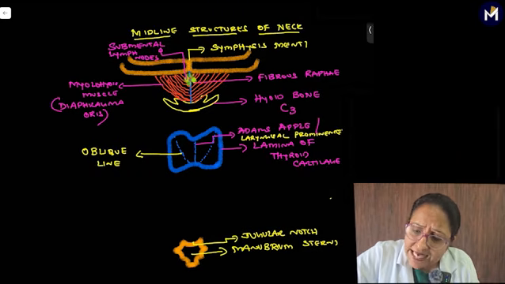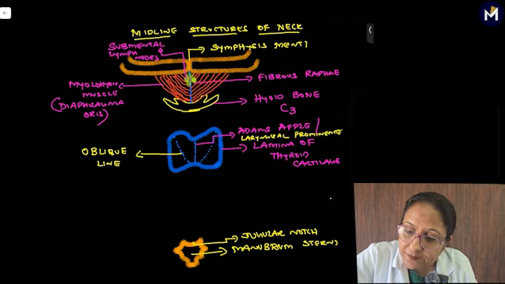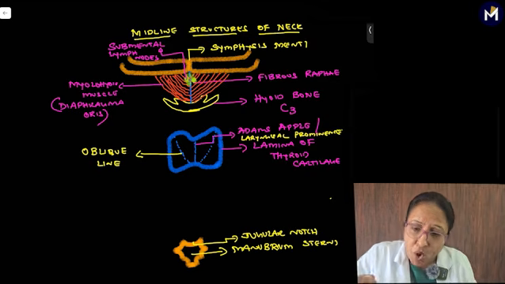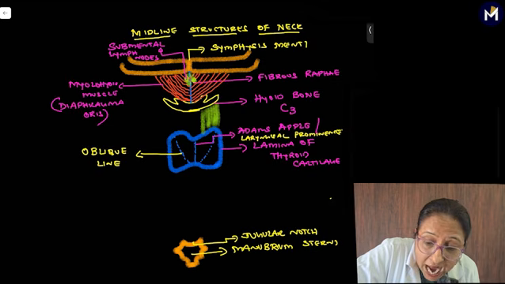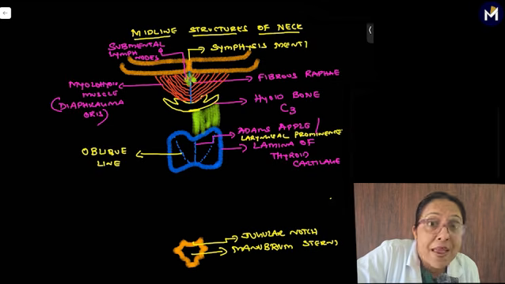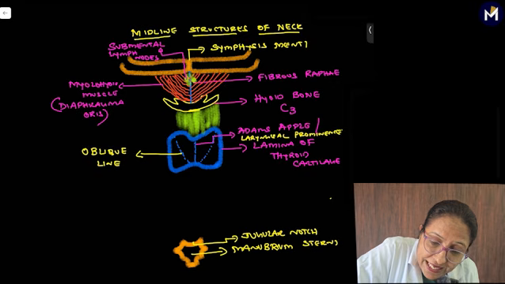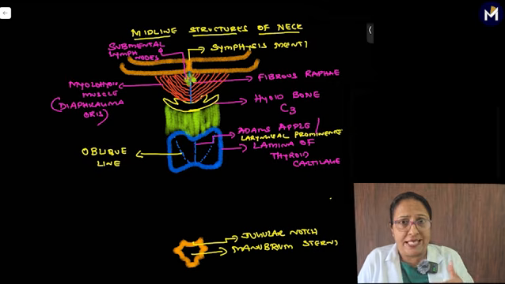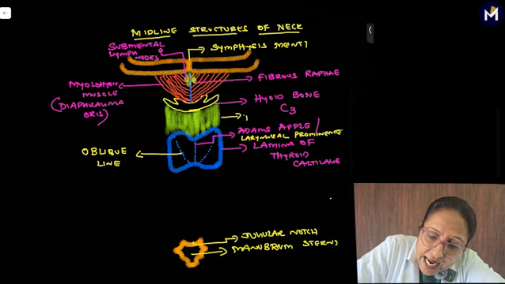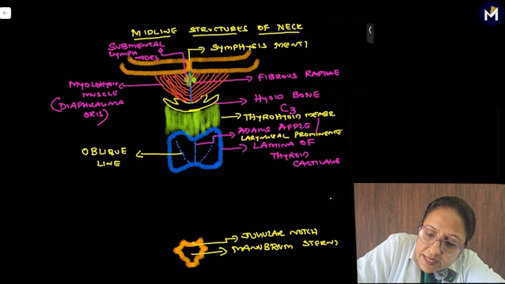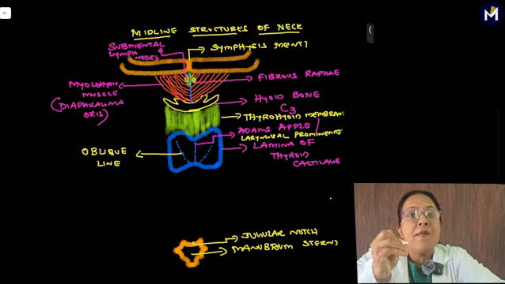Now, what is the gap over here between the upper border of thyroid cartilage and the upper border of the hyoid bone? There is a membrane. The name itself tells you it's between thyroid and hyoid. So this is called thyrohyoid membrane.